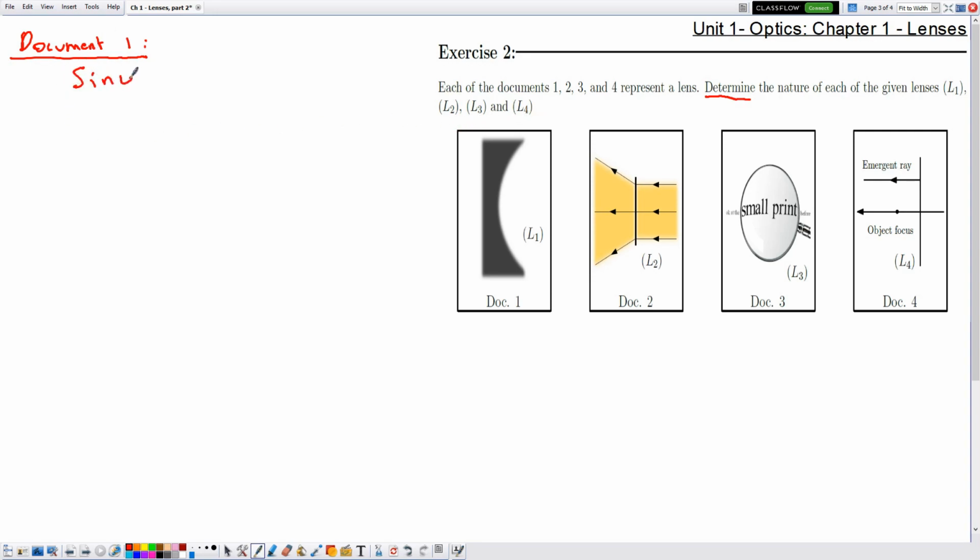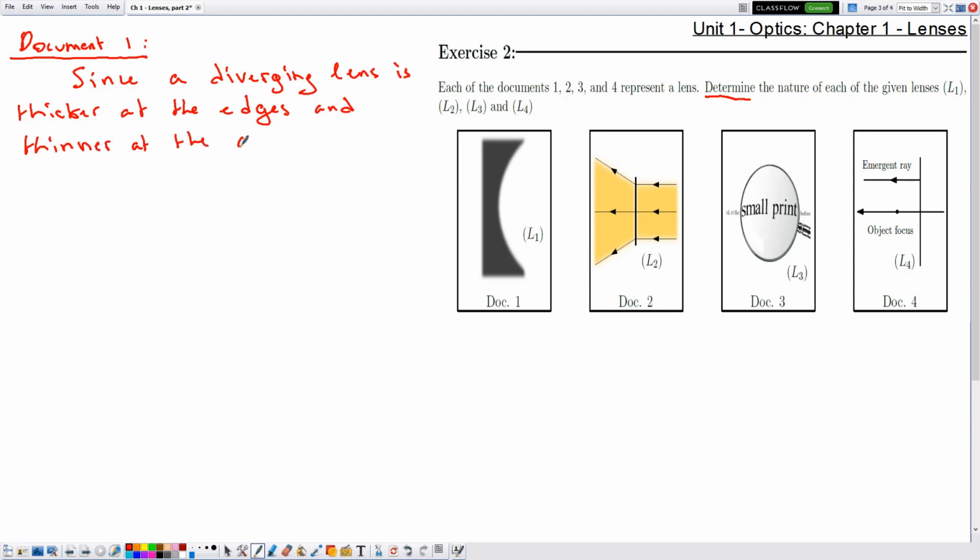Now, since a diverging lens is thicker at the edges and thinner at the center, and this is known as a thick edge lens, then L1 is a diverging lens. This is it for document 1.